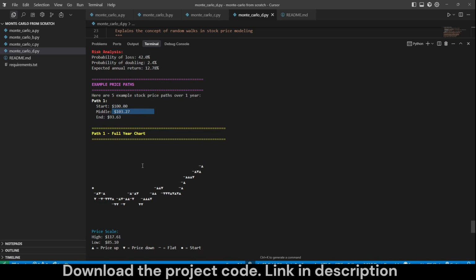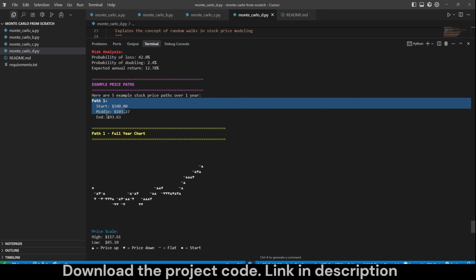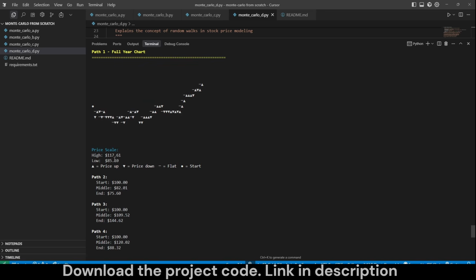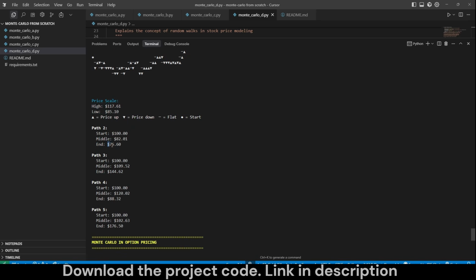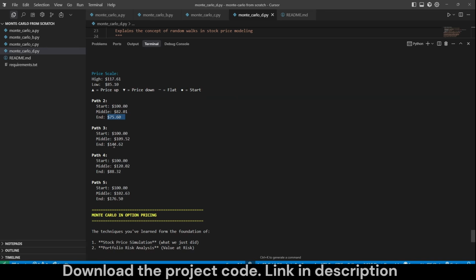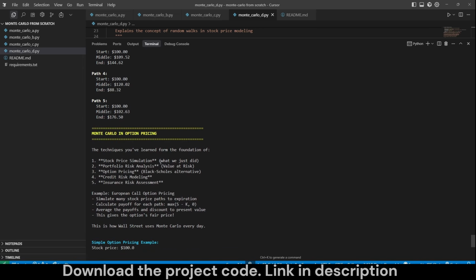In the middle, it was like 103. So this example ended up actually losing money. In path 2, it again ended with a loss, but in path 3, it made money, and path 4, it lost, and path 5, it actually increased quite a lot. So you can see that the simulation can vary wildly, just like the stock market.